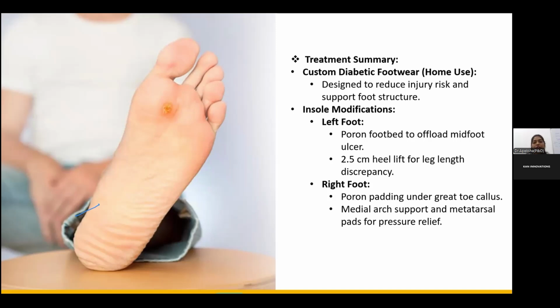We also added a 2.5 centimeter heel lift for his leg length discrepancy. On his right foot, we added Poron padding under his callus as well to reduce the friction because it absorbs the shear pressures. And we added medial arch support and a metatarsal pad for pressure relief.